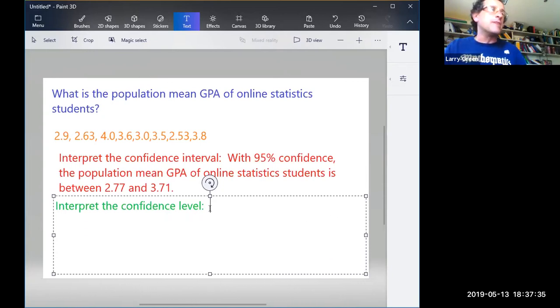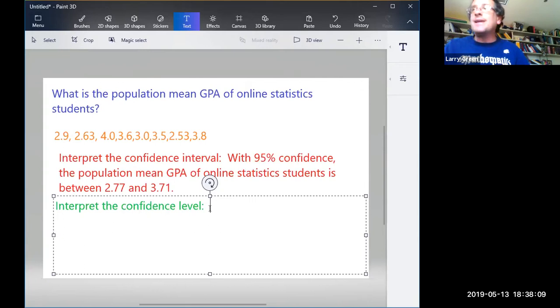There's no short way of doing it. We can think of being in the business of collecting data and getting confidence intervals. 95% of the time, we're going to be right, and 5% we're going to be wrong. What does it mean to be right? It means that our interval, in this case 2.77 to 3.71, contains the population mean GPA. It might not, we don't know.